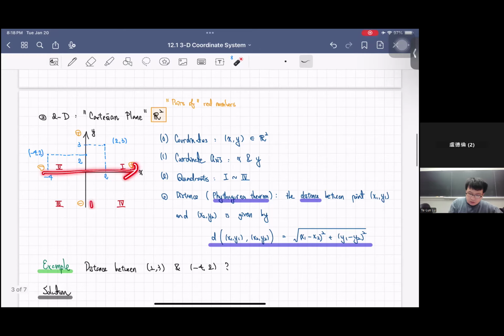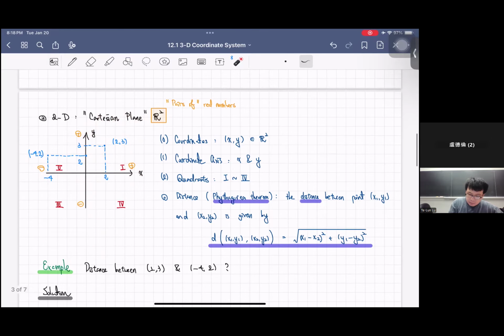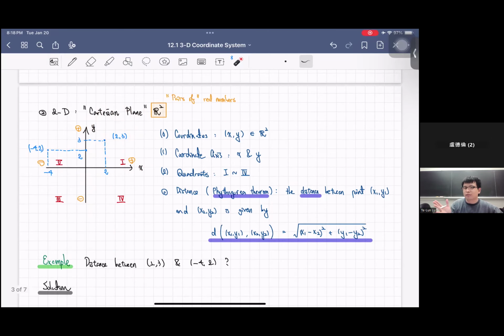We cross the two-dimensional axes by x and y, where to the right-hand side is plus, to the left-hand side is minus, to the upward side is plus, and to the downward side is minus, okay? In this domain, you always have the x-coordinate being positive and the y-coordinate also positive, okay? For example, 2 and 3 are both positive, right?